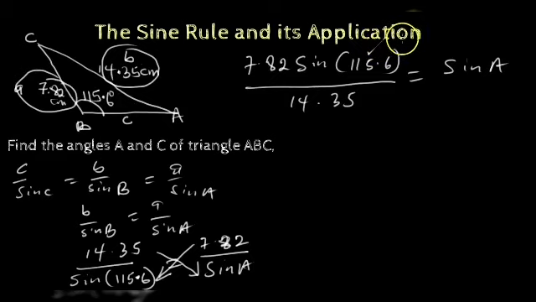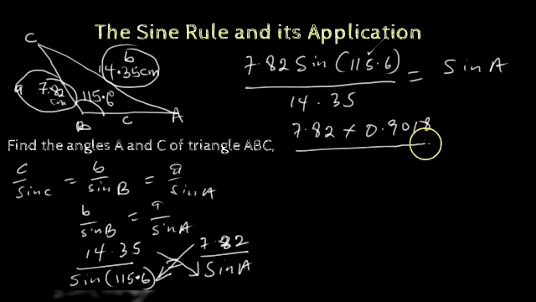In the description below, we'll put a link to our lesson on trigonometric quadrants. Now, sine 115.6 is the same thing as 0.9018. That means this is 7.82 times 0.9018 over 14.35 is equal to sine A.